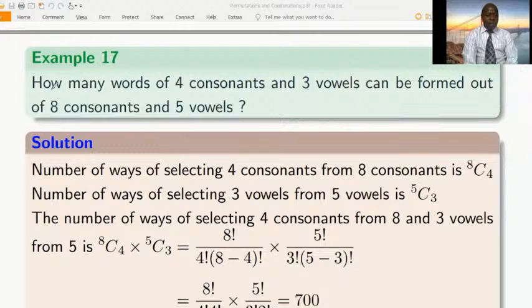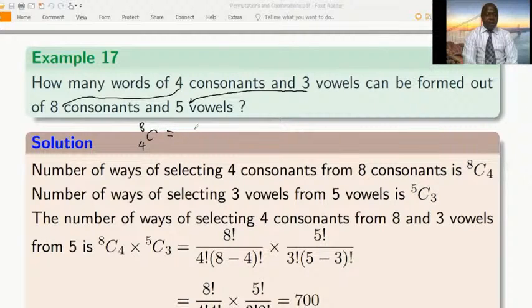So this question is asking us, how many groups of 4 consonants can we form out of 8 consonants? And how many groups of 3 vowels can we form out of 5 vowels? So therefore, we just use the formula of combination. We have 8 consonants, and we want to pick 4 at a time.